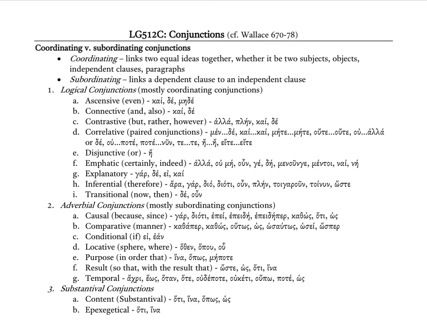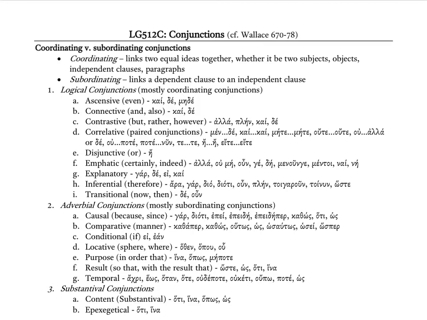Often they can link two independent clauses, but they can link two subjects, objects, or even paragraphs together, where one is not subordinated to the other. Subordinating conjunctions, however, link a dependent clause to an independent clause, right? They link a subordinate idea to an independent idea. So with subordinating conjunctions, as you can see in the name, there is this hierarchical idea.